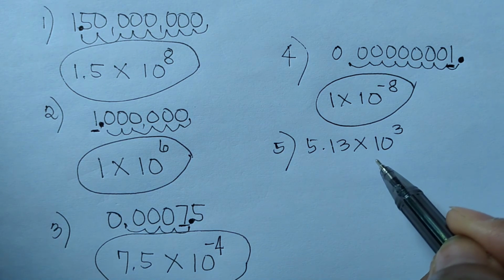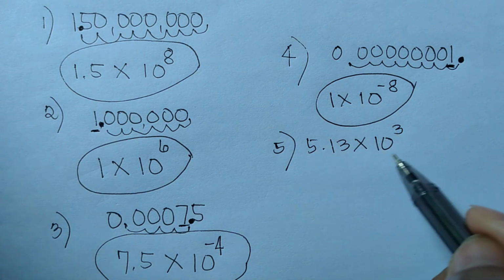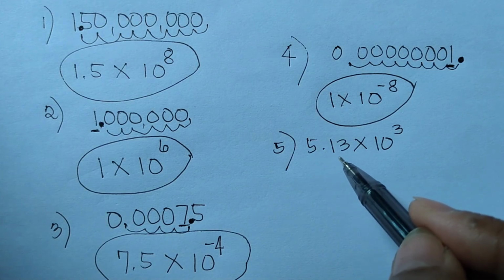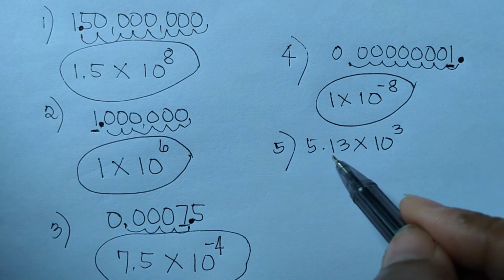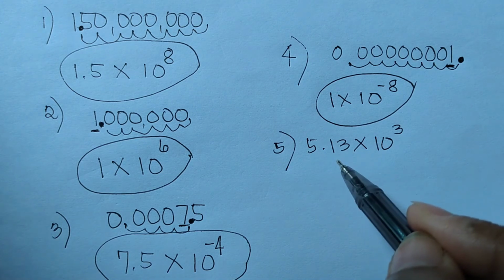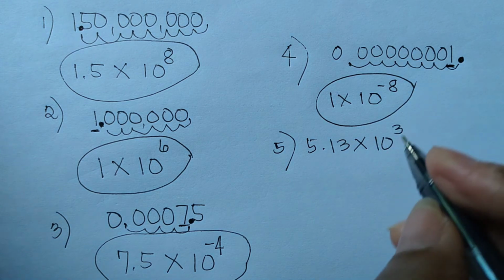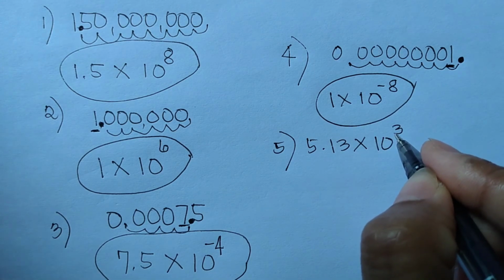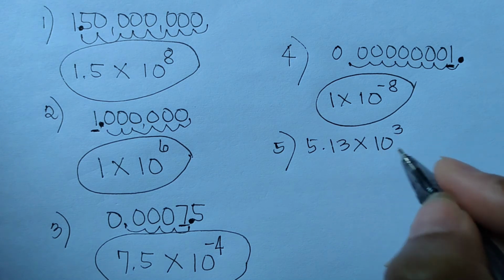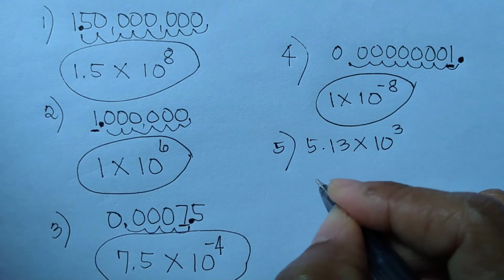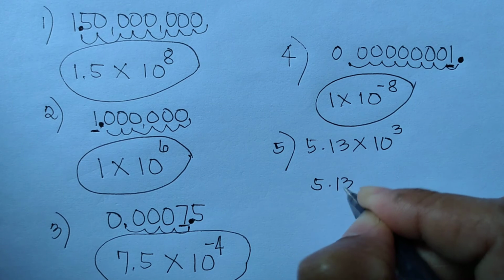So let us try to change from scientific notation to standard form, or express this as a large number, in decimal form or standard form. Since you have a positive exponent, that means that you will move your decimal point to the right. So that is 5.13.